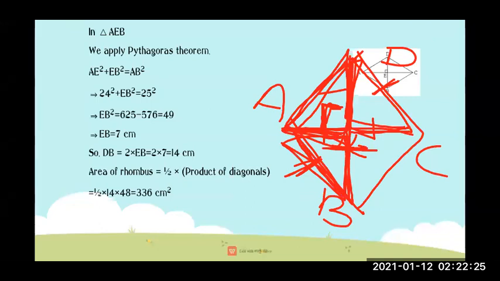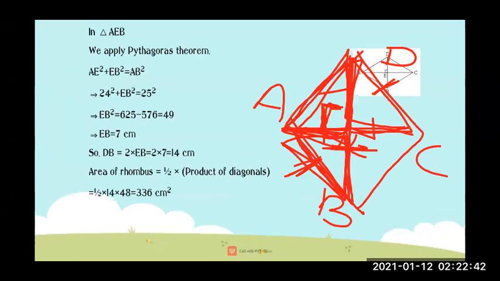So here I have taken the triangle AEB. Now for that I have applied the Pythagoras theorem, that is AE square plus EB square, that is my other side, is equal to AB square, that is my hypotenuse.